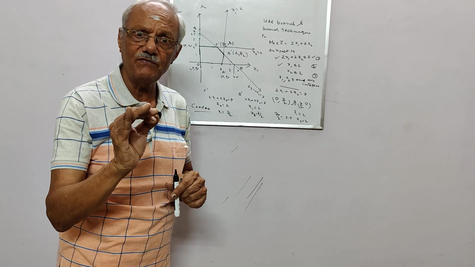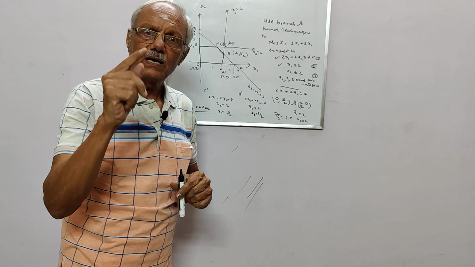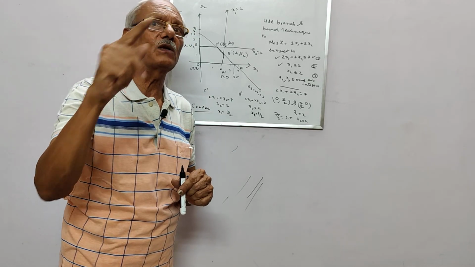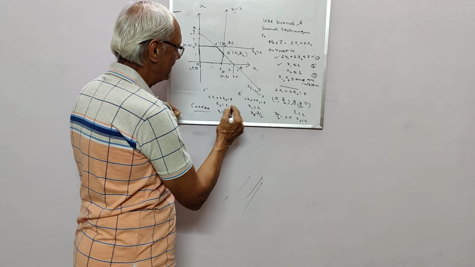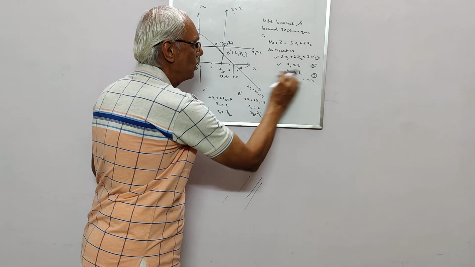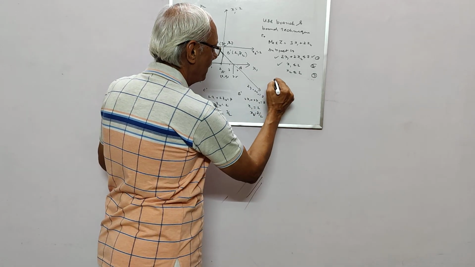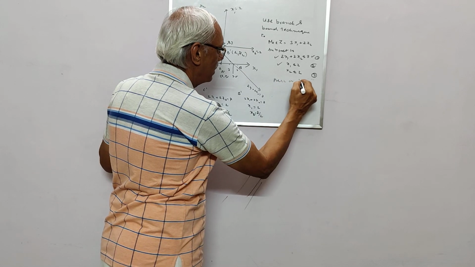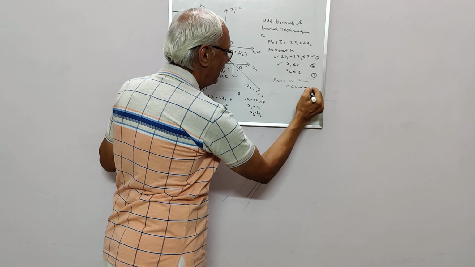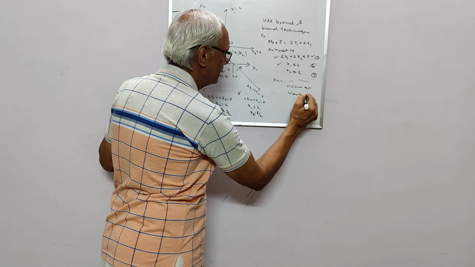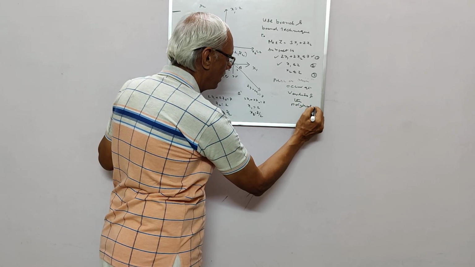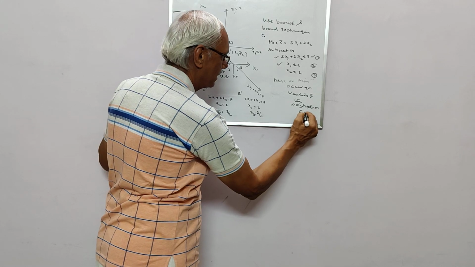When you draw the graph, the maximum or minimum will occur only at the vertices of the polyhedron, the feasible region.